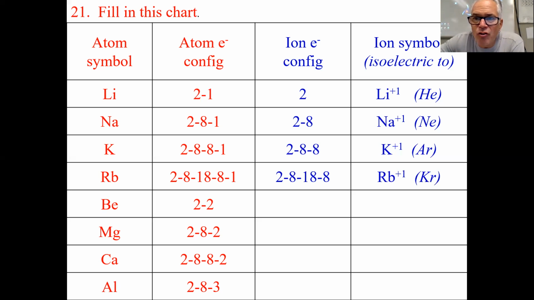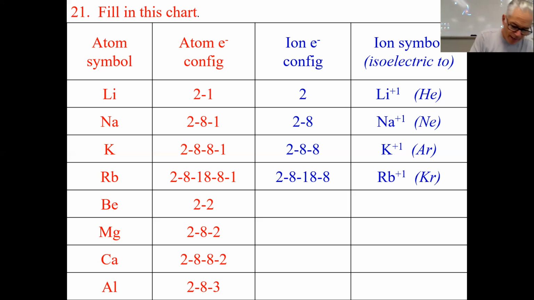Now, here's a little trick. On your periodic table, see where it says number 1? Right there, above. Group 1. Right there in a little circle. Let me find the pen.